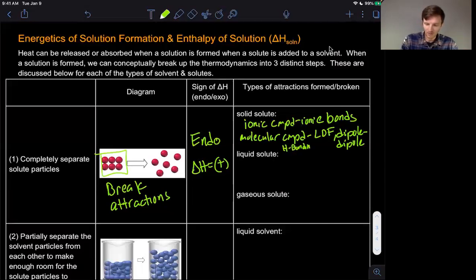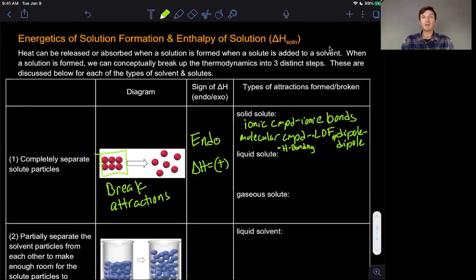So we have all 3 of those possible interactions that we may have to break for our solid solute. Some examples: potassium iodide for our ionic compound. Maybe we have something like naphthalene for our molecular compound. That's a molecular substance that contains a bunch of carbons and hydrogens, and it's a large molecule that would be a solid at room temperature.